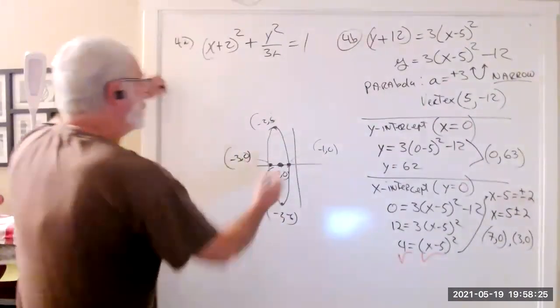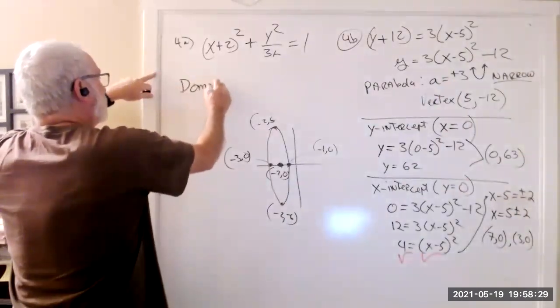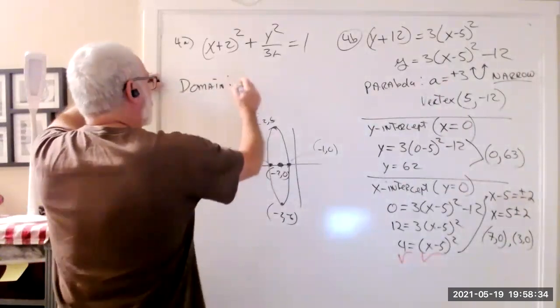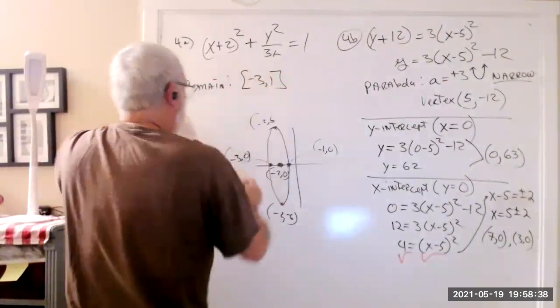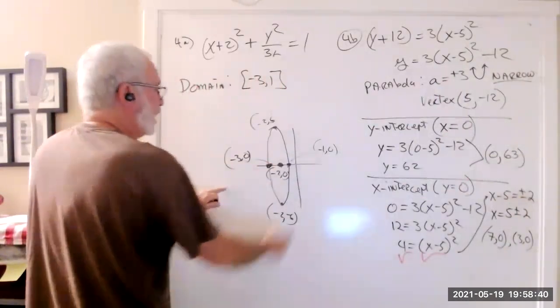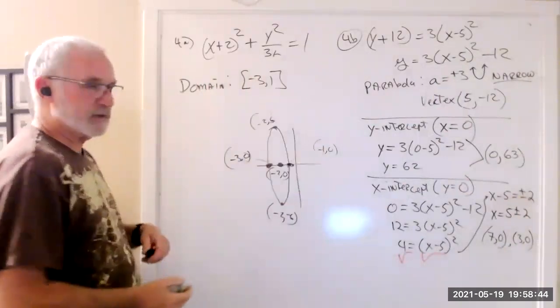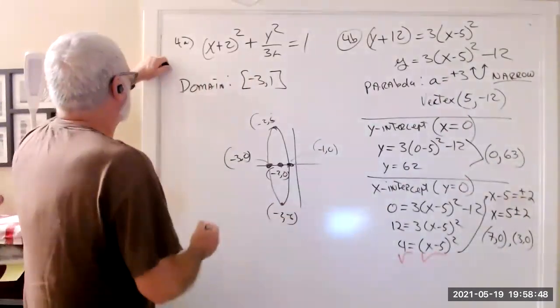Anybody want to take a shot at the domain on this ellipse? Domain: -3, 1, brackets. Yeah, because it can touch -3, it can touch -1. Domain, remember, is the X values. Anybody different?